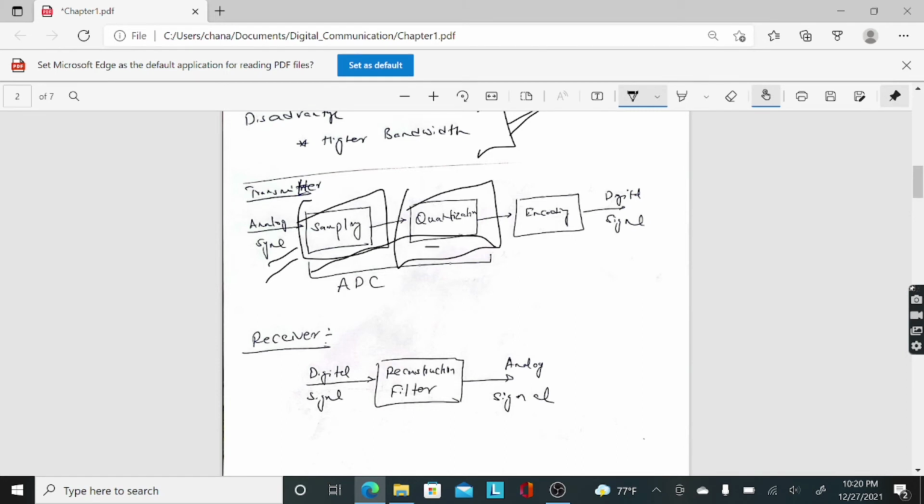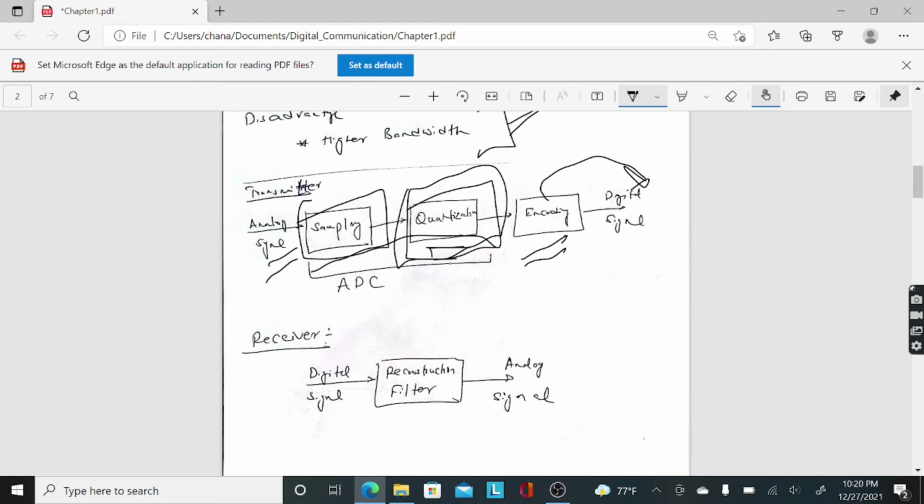But before that, you quantize that sample, which means you approximate it to a predefined level, and we'll go into detail in the next few classes. Once you approximate it to a predefined level, then each level is encoded using some kind of binary bit encoder. And then the output is your digital signal. So you sample the analog signal in periodic intervals.